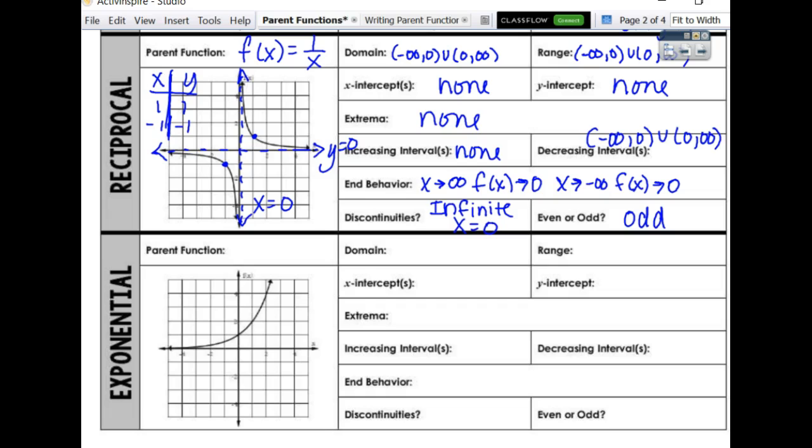So exponential is next. The exponential has an asymptote. It's at y equals 0. And this is the point we're going to use. Stephen, give me the domain.